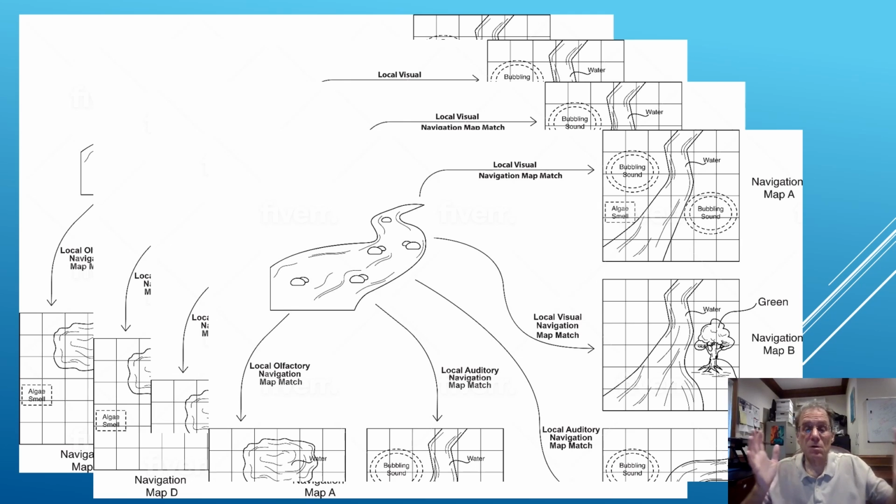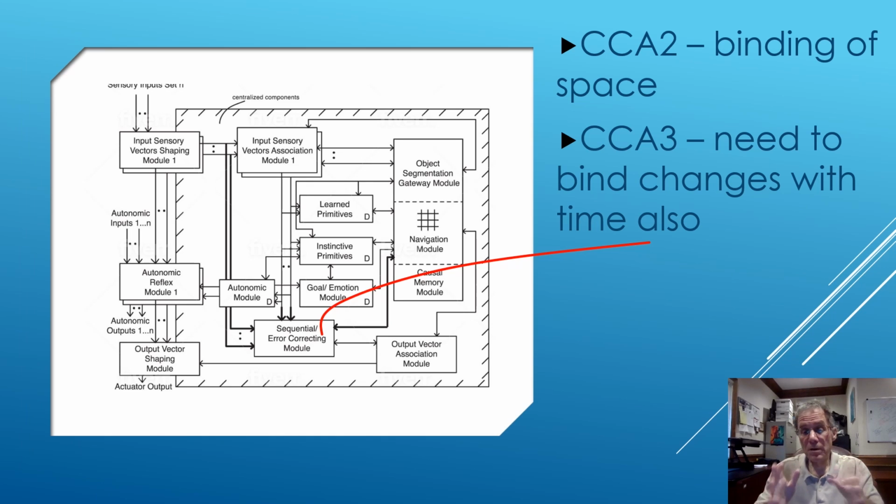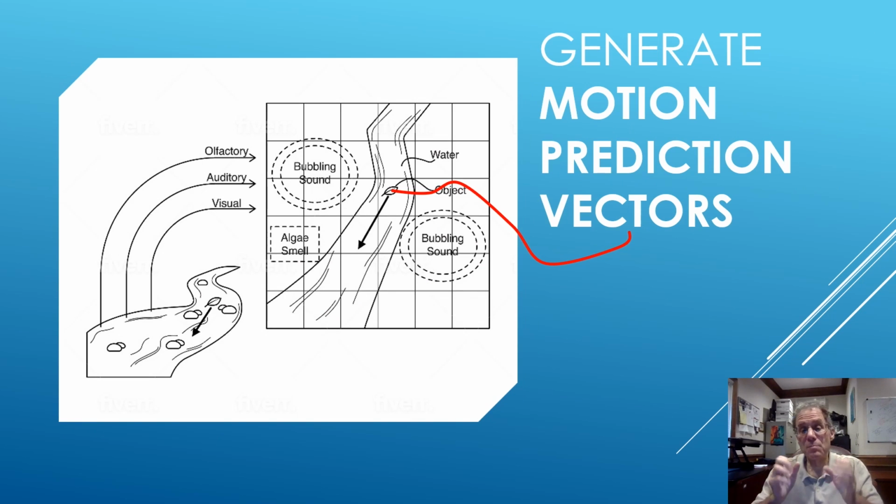So as a result, the CCA3 was created, where we bind not only space, but we bind time as well. We generate motion prediction vectors, and then we bind these vectors as spatial data rather than as temporal data, and it has worked out great. This is reflected in those equations, and hopefully this explanation with these figures makes a bit more sense when working through the equations.